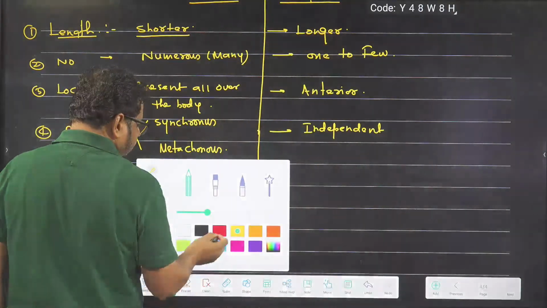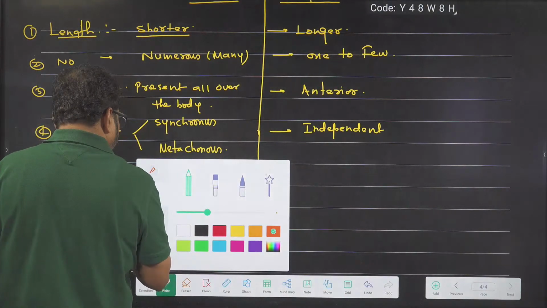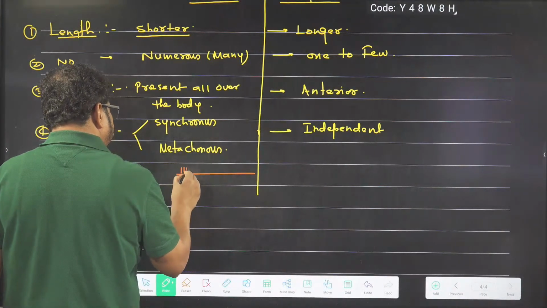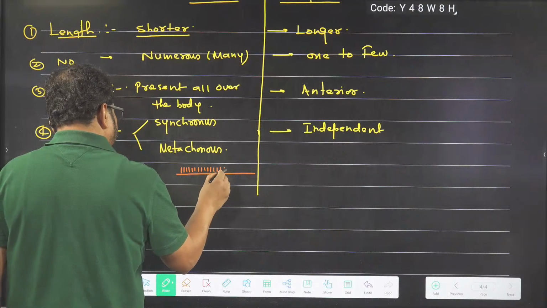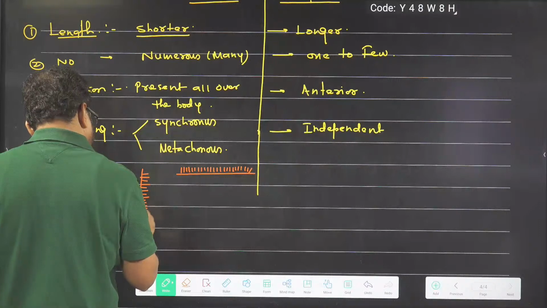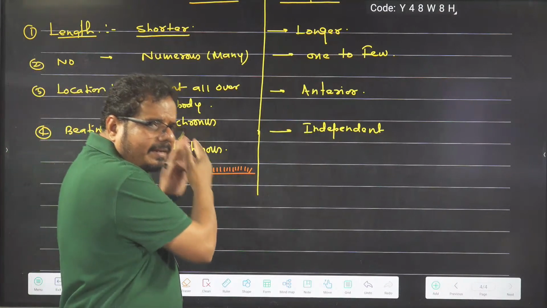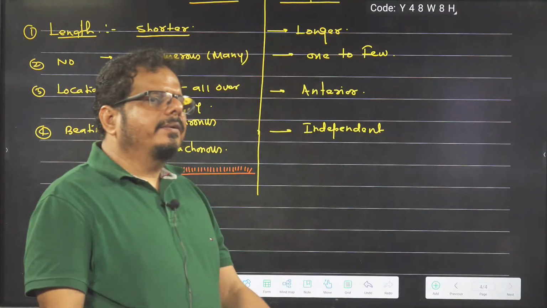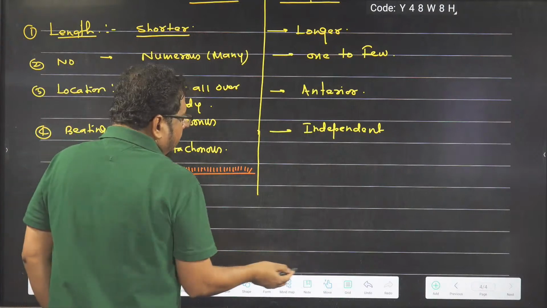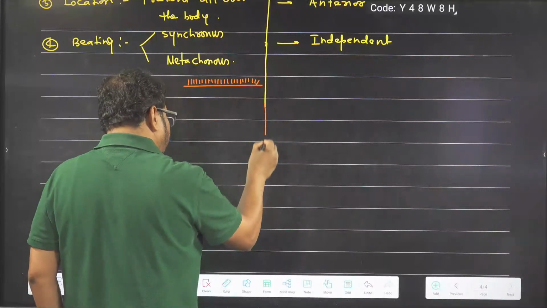See, suppose here is a surface and here is another surface. They are beating in a directional, coordinated way. Got the idea? So synchronous and metachronous. Now independent beating occurs in the case of which one? Flagella.